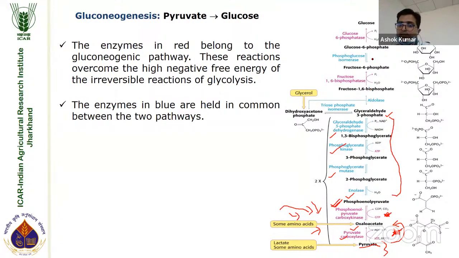But here, to carry out this opposite reaction, you have a unique enzyme called fructose 1,6 bisphosphatase. It removes the phosphate from the first position, and you have fructose 6 phosphate.